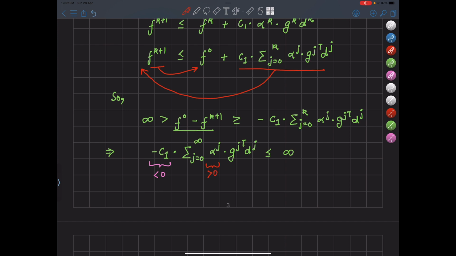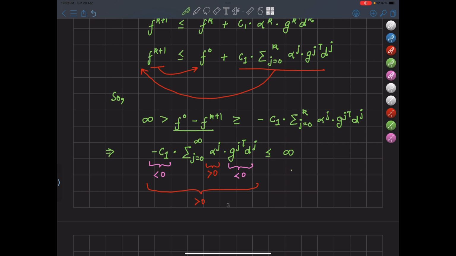And what about gj transpose dj? This is negative because we choose dj in such a way that it is a descent direction, and the definition of descent direction is gk transpose dk should be less than 0. So this is less than 0, which means each term of this infinite series is positive, right? So each term of this infinite series is a positive term.